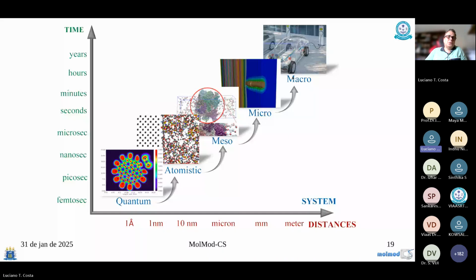We work over this scale in terms of materials, with quite small systems where we can use quantum mechanics to study these materials. But we have also developed and applied many atomistic and mesoscale simulations using classical mechanics or a hybrid of classical mechanics and quantum, and going to the macro.